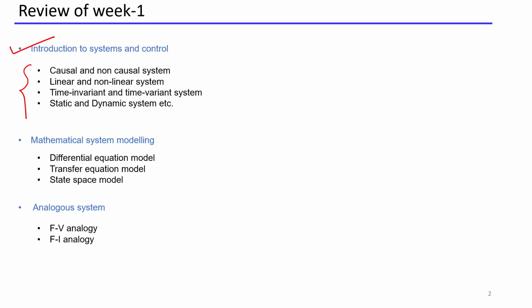Then the sub-classification of various systems: causal and non-causal systems, linear and nonlinear systems, time invariant and time variant systems, static and dynamic systems, and invertible and non-invertible systems. Lots of categorization of systems was done in the course, so we are going to solve some questions related to this part.